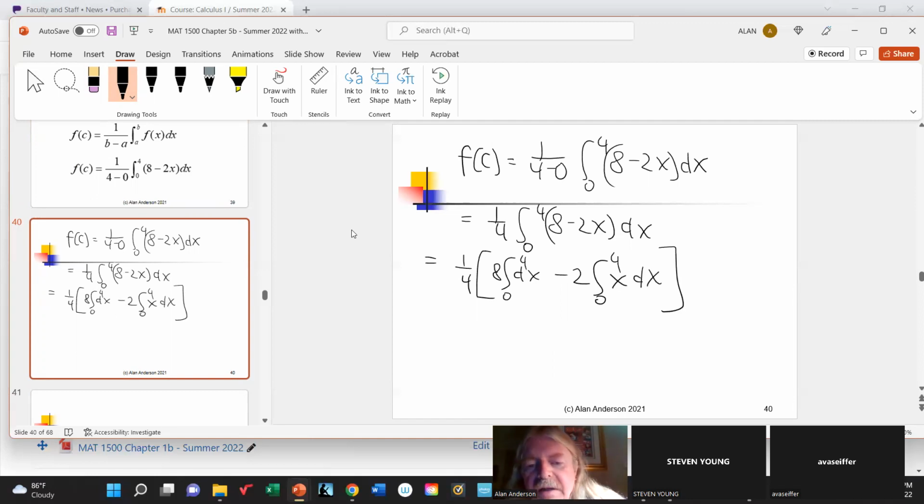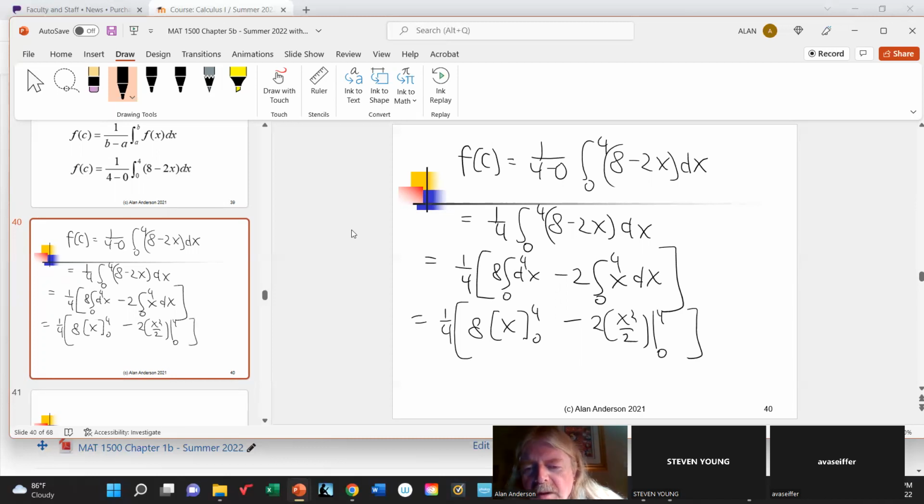Now this first one, dx gives us just x. We'll evaluate that from 0 to 4. The second one will be 2 times x squared over 2, evaluated from 0 to 4. But you can see this is just x squared. So let's rewrite it like that.